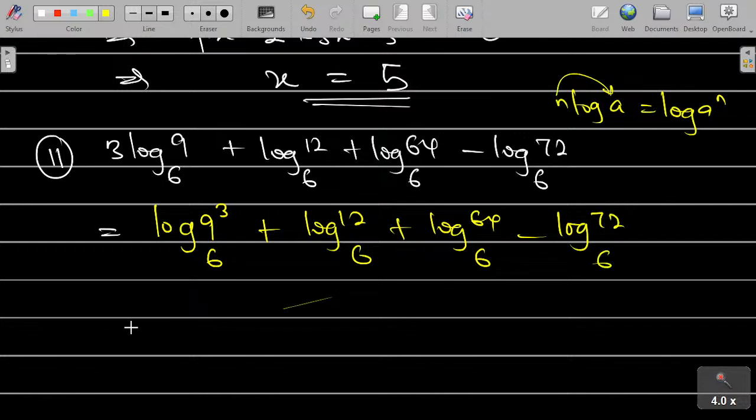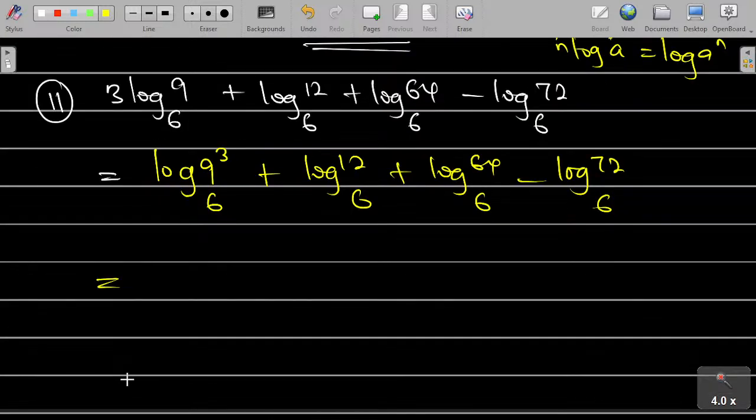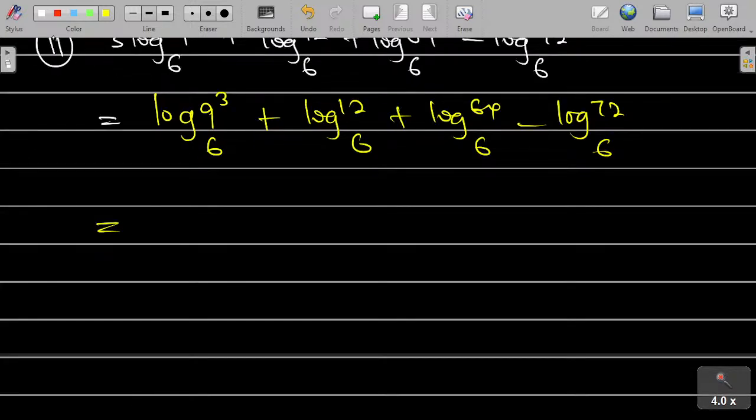Okay, so at this point I will now apply that rule of logarithm that says that I can actually pick one log base 6, and then addition will turn to multiplication while subtraction will turn to division.